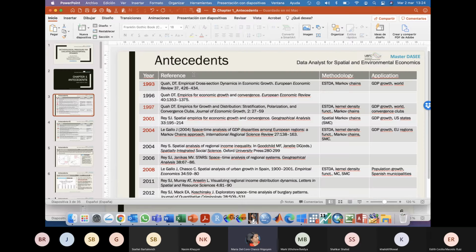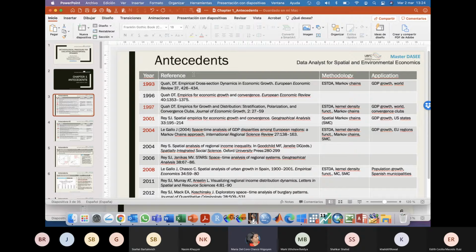Well, this is a complete list of very important antecedents. For instance, as you can see, the antecedents are like 18 references, almost 20. These references are the main ones. Of course, there are some others, but for me, they are very, very important ones.